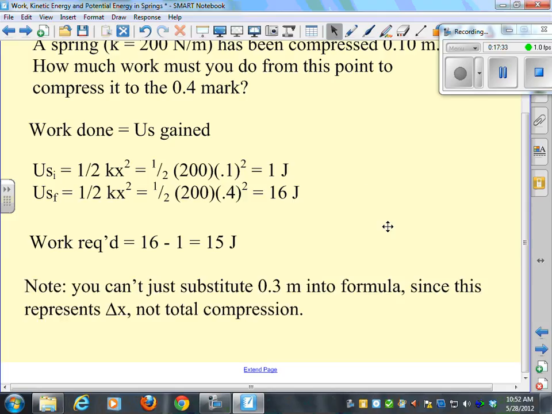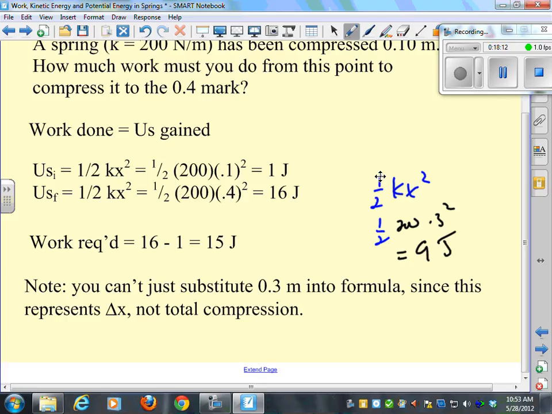If I were to put in the 0.3, what would I have gotten? If I were to have gone 1/2 kx squared, 1/2 of 200 is 100, and 0.3 squared is 0.09, times 100 would be 9.